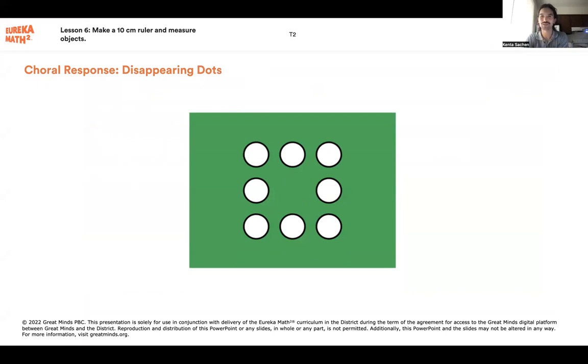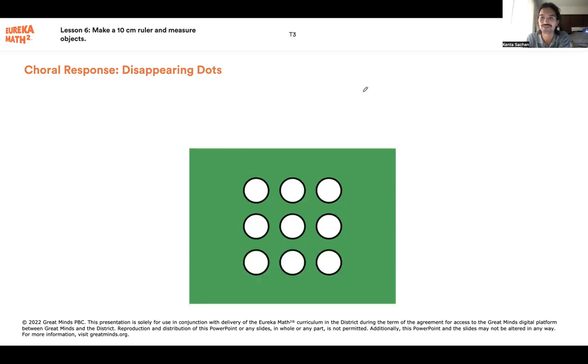Looks like 1 disappeared. Now remember, we can write this as a subtraction sentence or subtraction problem. Say 9 minus 1, because 1 disappeared. How many do we have left? Great, we have 8 left. Perfect. So 9 minus 1 equals 8.